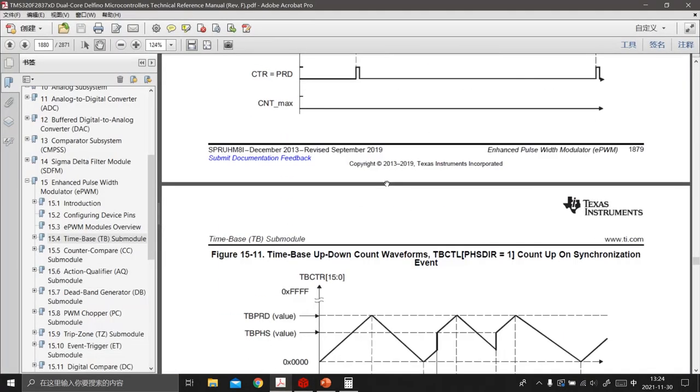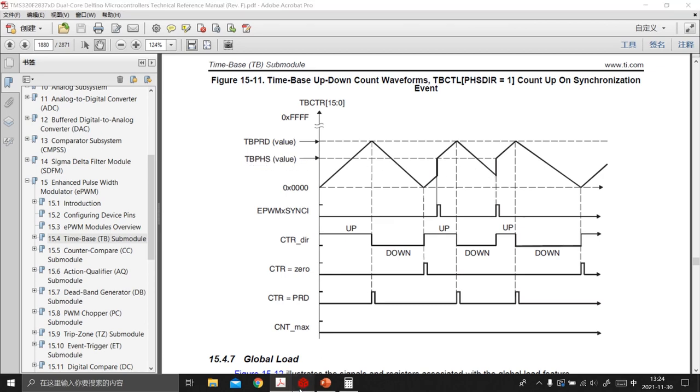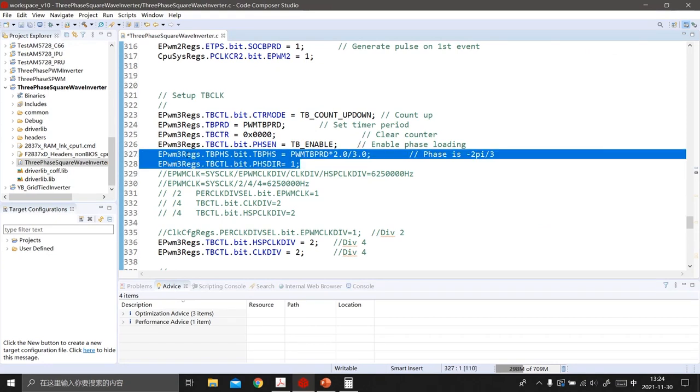So according to the manual, if the PHSDIR is set to 1, then the counter will be counting up after the TBPHS value is loaded. So considering these two lines of code, the phase difference between EPWM3 and EPWM1 is negative 120 degrees.